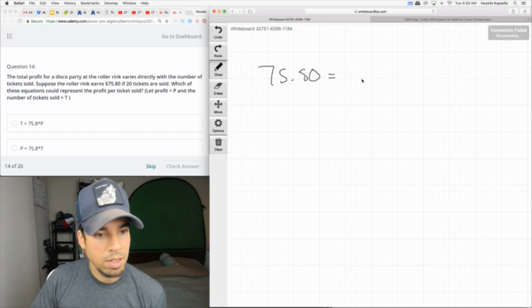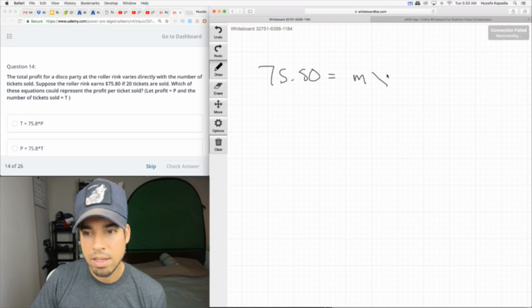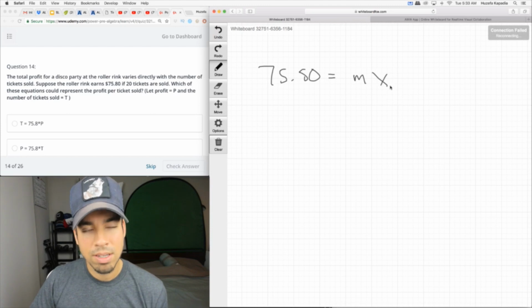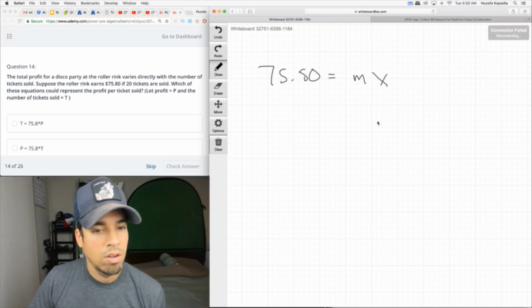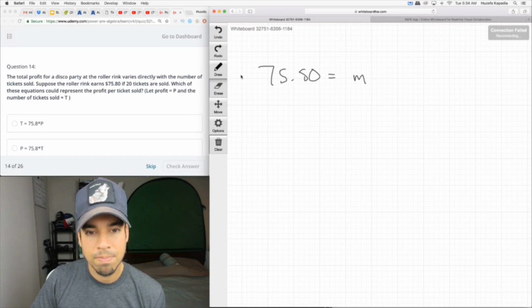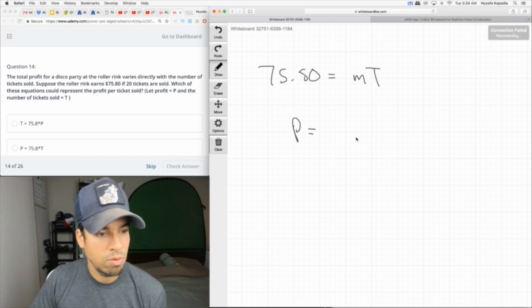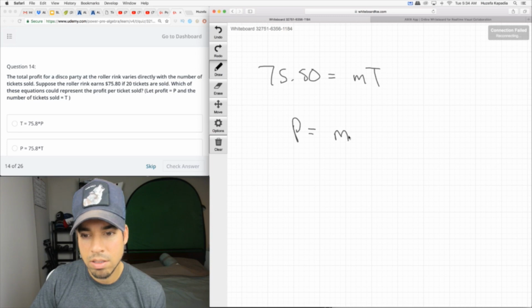So it would be mx, and then they're saying there's some slope here that we need to find, and x is going to be the number of tickets. Actually, let's do it like this. Number of tickets sold, let's make it t. So basically, they're saying p equals m, the rate, times t.